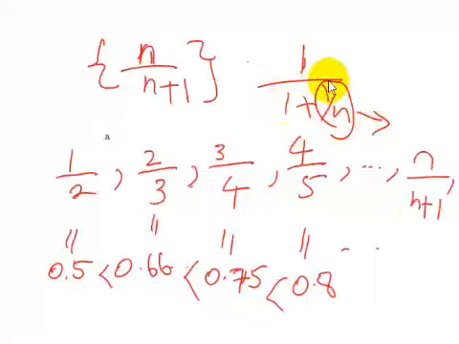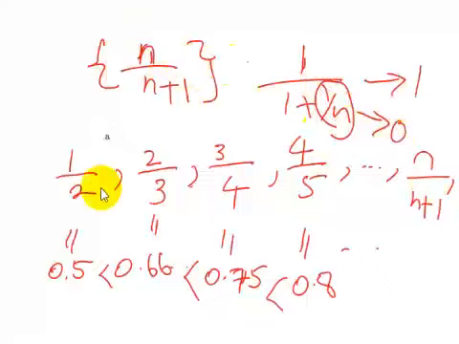The limit of 1 over n is 0, so the whole expression approaches 1. So this sequence approaches 1.